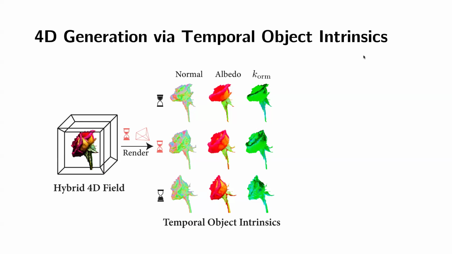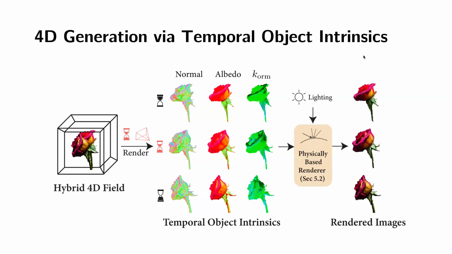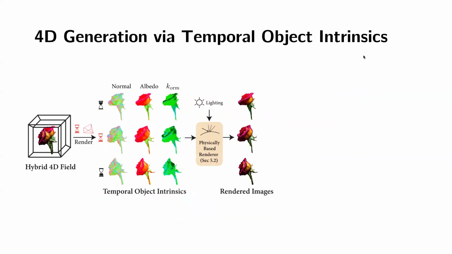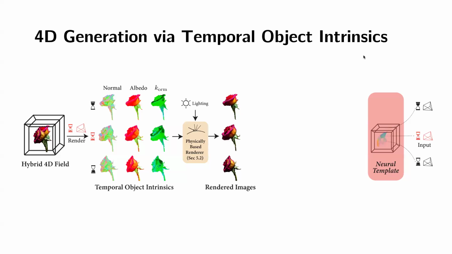You can query this implicit representation, you can get these things, you can take the temporal object intrinsics, and let them go through differentiable, physics-based rendering. You can render images. But then if you remember, we just said we have a neural template. So you can say at the very beginning, how the rose should look, and at the end, how the rose should look.